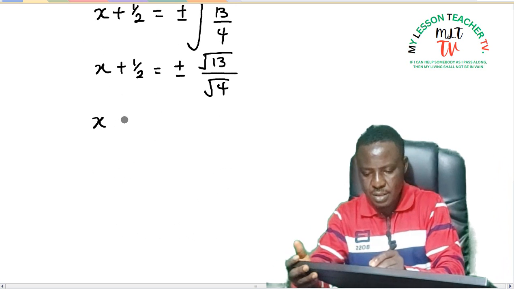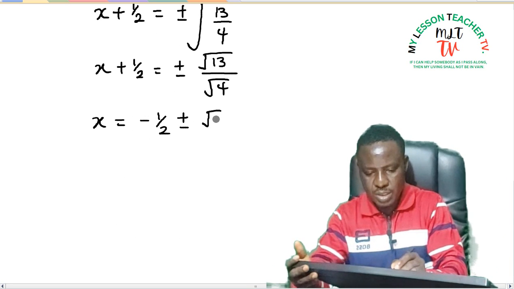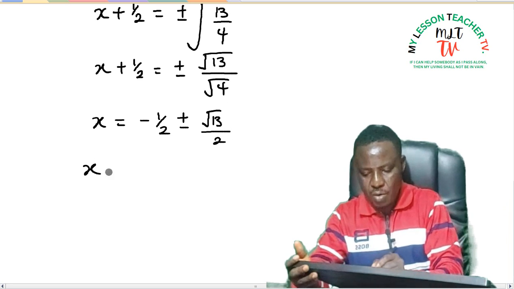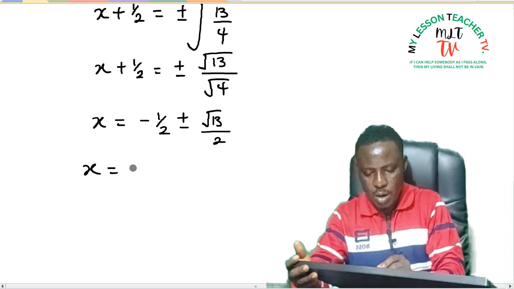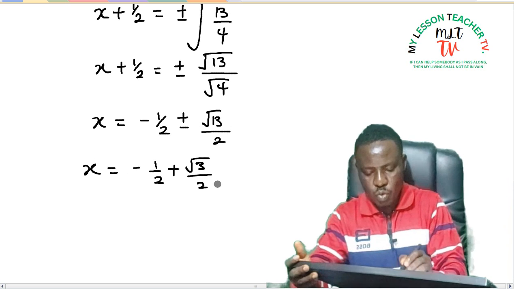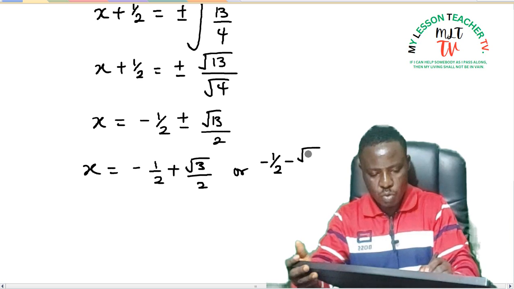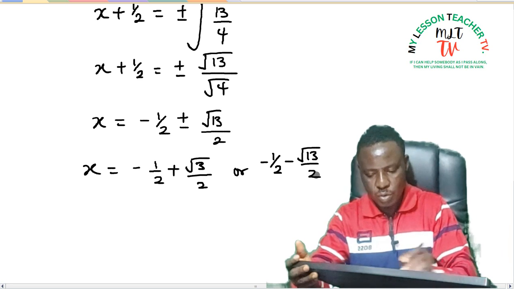We have x equal to minus half plus or minus root 13 divided by the square root of 4, which is 2. So x now will be equal to minus half plus root 13 over 2, or minus half minus root 13 over 2.